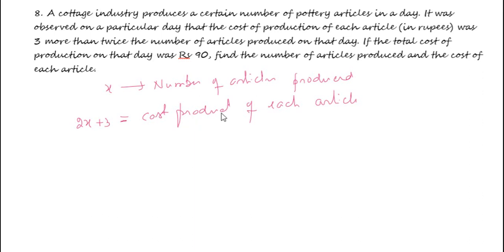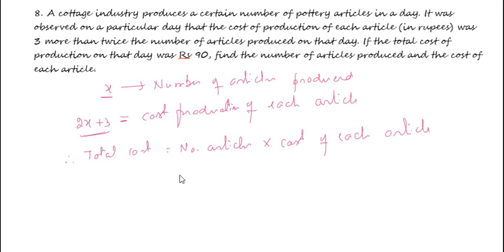So the cost of production of each article is so much, and the number of articles produced is x, therefore total cost is number of articles into cost of each article, that is number of articles is x, cost of each article is 2x plus 3, that is equal to 90.